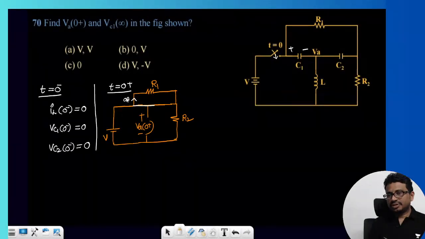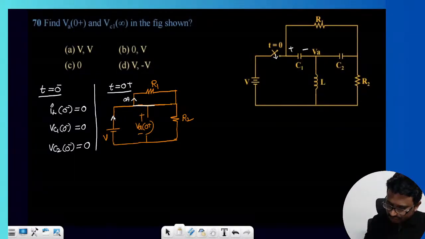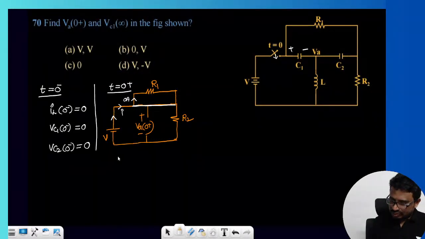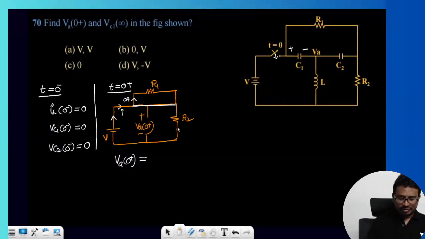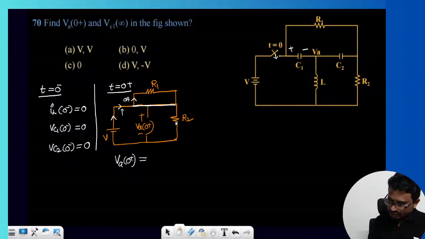The current in this branch is 0, and the current will flow through this path. So VA of 0 plus should equal what? This is a dead element, so directly this voltage only, V only.